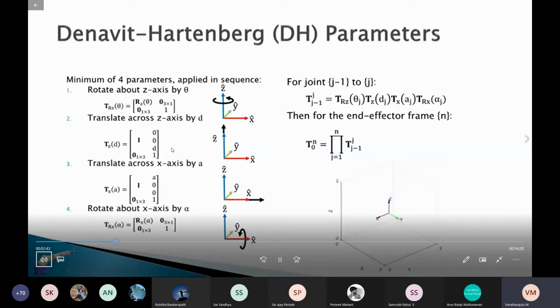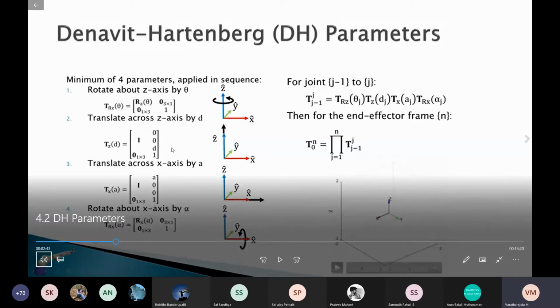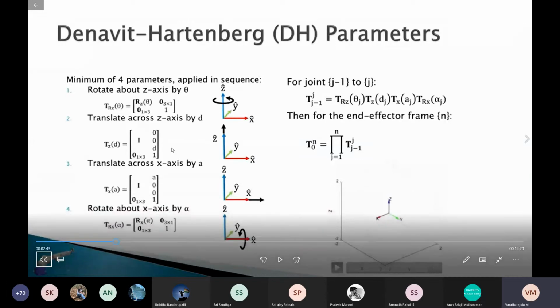So here is a nice little animation showing what it looks like for the end effector frame T from 0 to n. We rotate about z, translate about z, translate about x, and then rotate about x.